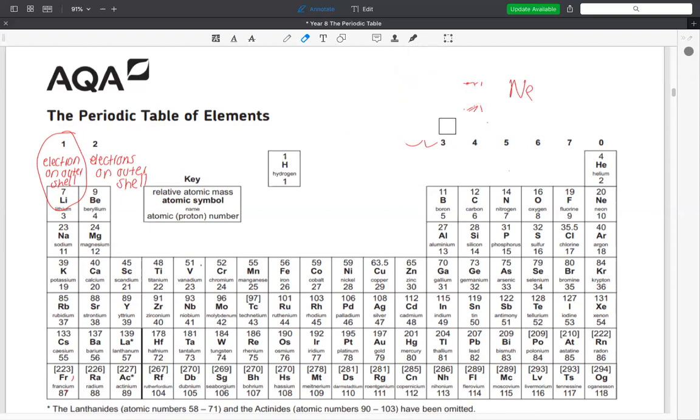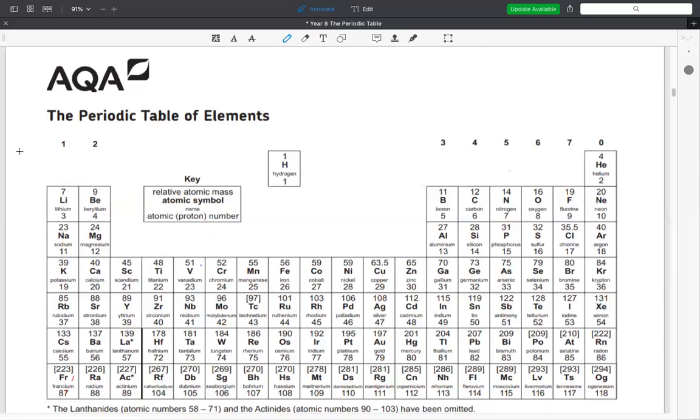The next thing they mentioned in the lesson were the periods. So I'm going to explain that in more detail. So for periods, I'm going to write the number on the periodic table, and you can annotate it on your own periodic table as I'm doing it.